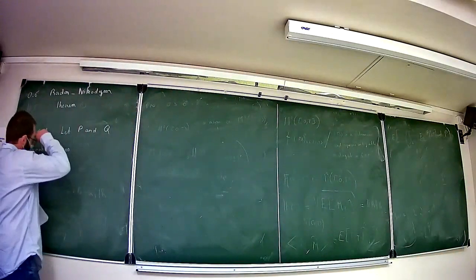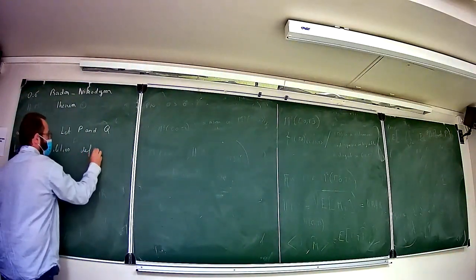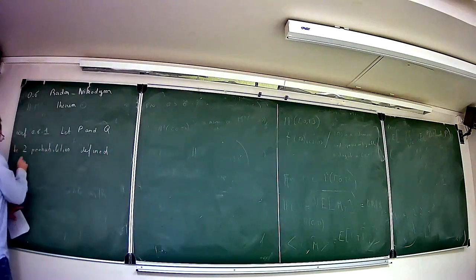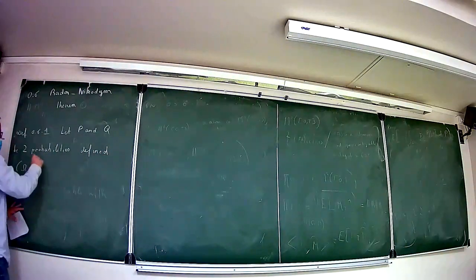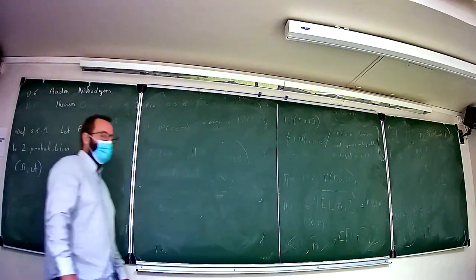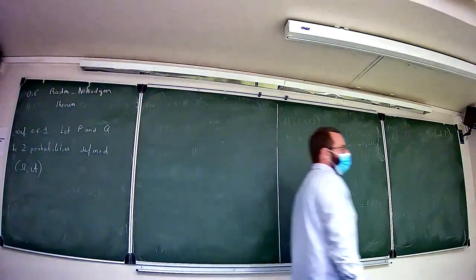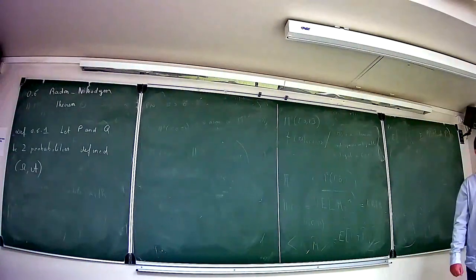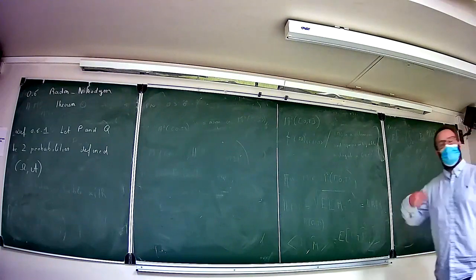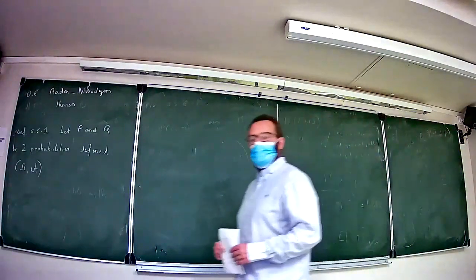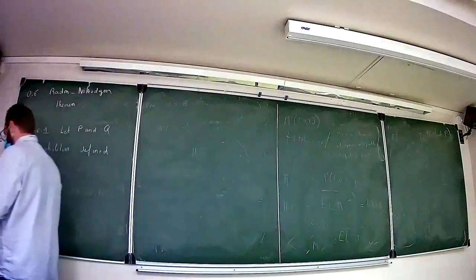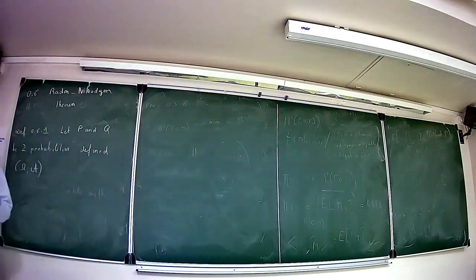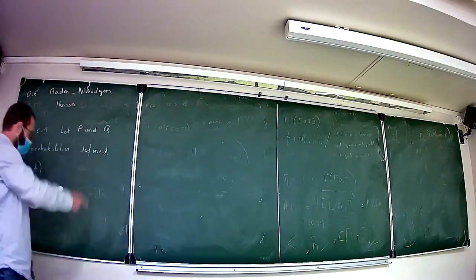So two probabilities defined on omega, A. Means that P and Q are from A into [0, 1], where A is a sigma algebra having omega as a universe. So P of omega is equal to Q of omega is equal to 1. And then P and Q fulfill the definition of being a probability. Okay, so 3 definitions.